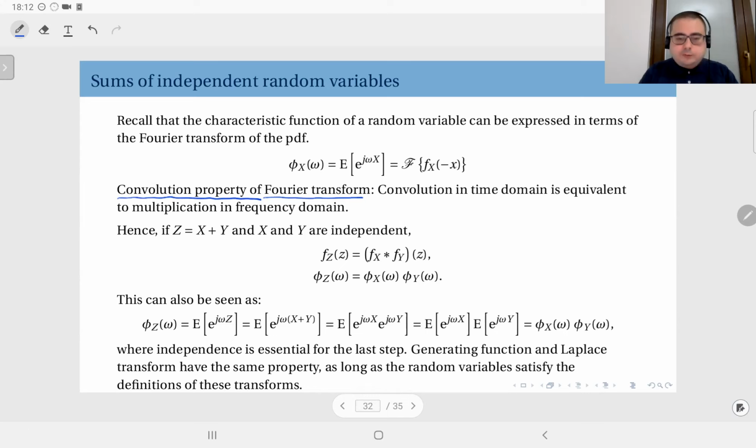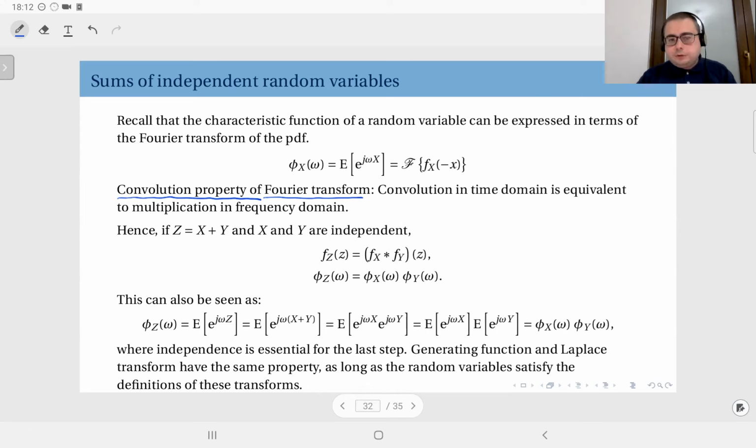It's valid for Fourier transform in general, but it also applies to Laplace transform, Z transform, etc. Therefore, any sort of generating function or transform function you have, you can make use of this convolution property.